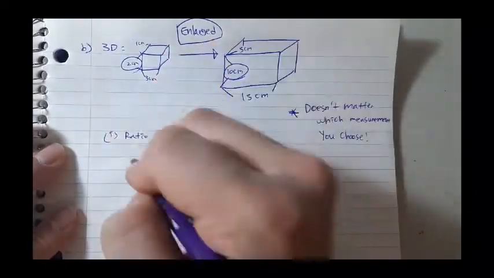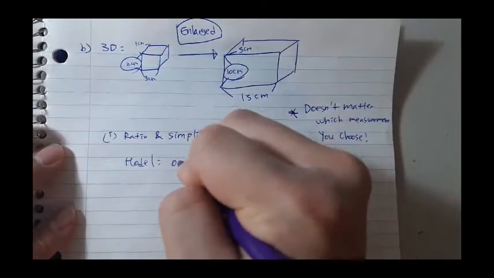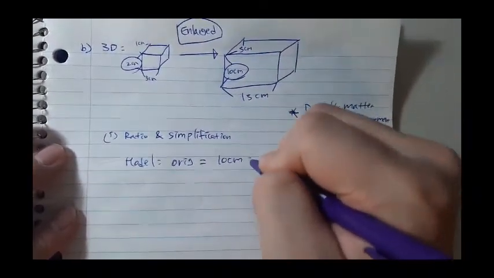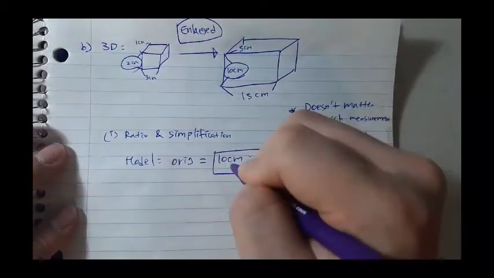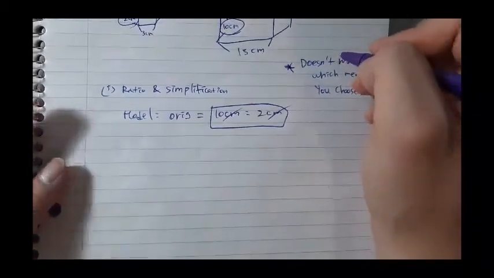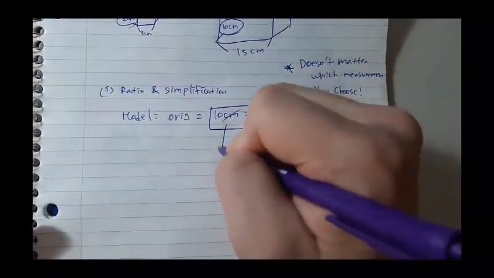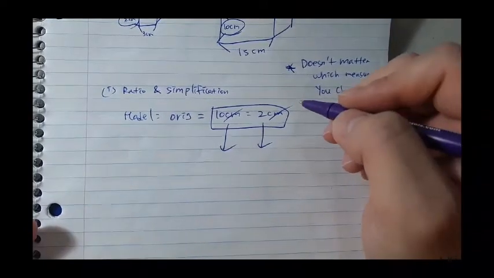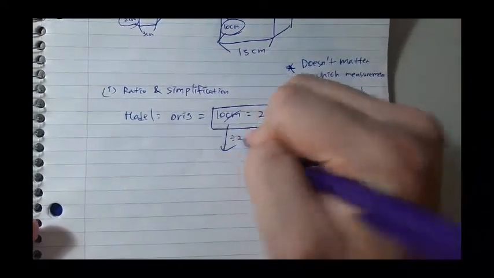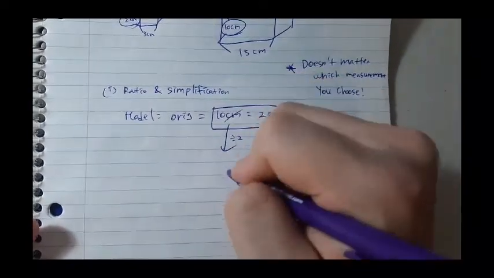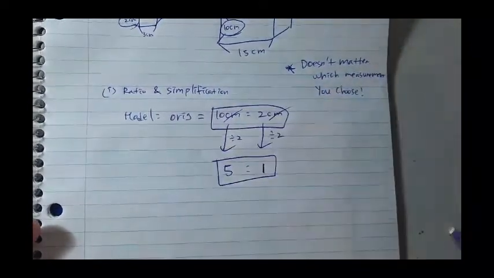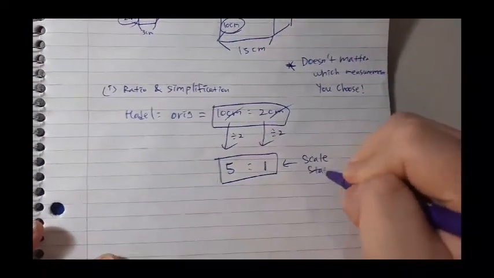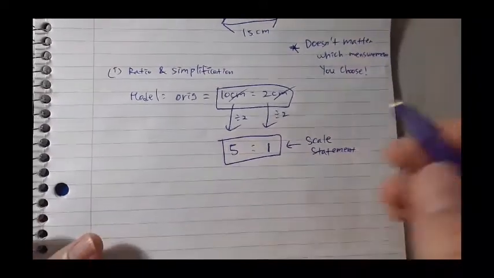My model to original is in fact 10 centimeter to 2 centimeter. Units will be gone because it's a common unit. Greatest common factor is basically 2, or any type of factor if you don't remember. 2 divided by 2 is 1, 10 divided by 2 is 5. So my ratio statement, scale statement, is 5 to 1.